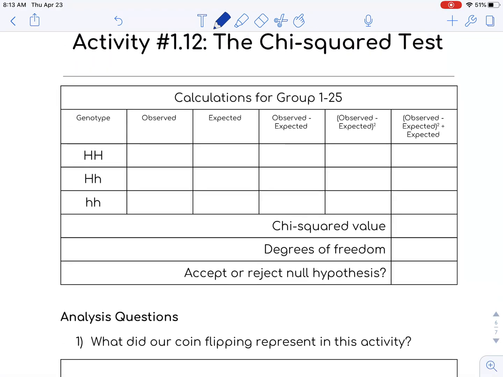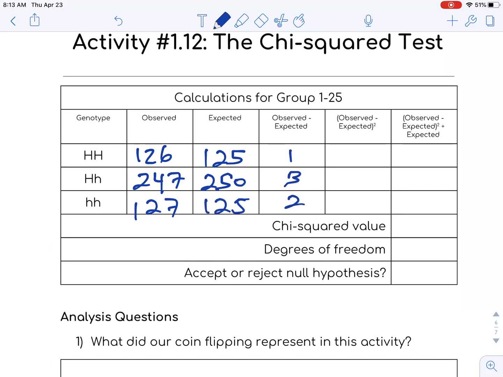That tells us that our model and our data match. Finally, our last calculation, 21 through 25, we found 126, 247, and 127. And if you have any intuition about how this test works and what the numbers are, you can tell that we are going to have another really, really small chi-squared value for this one. 1 over 125 equals 0.01. If we round up, then we can do 9 divided by 250.